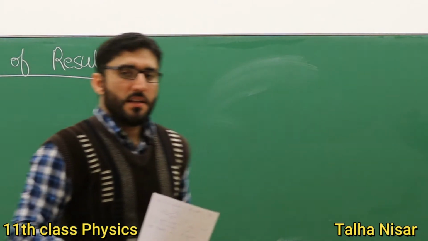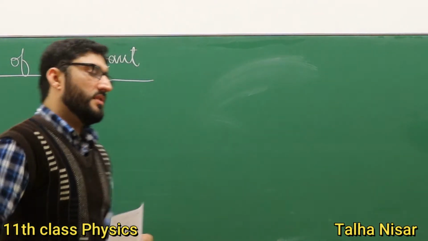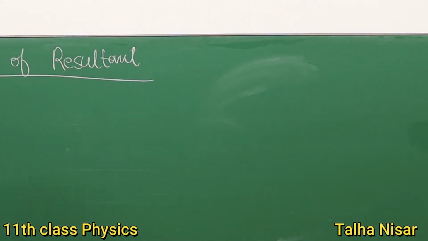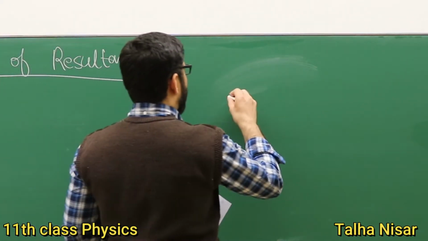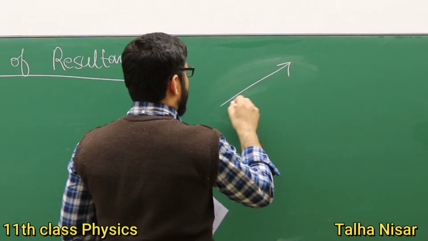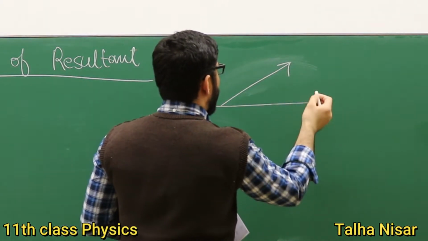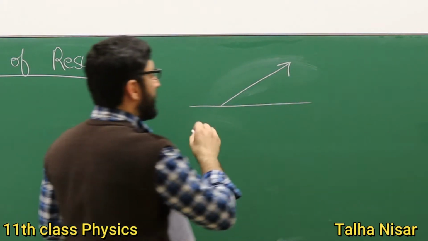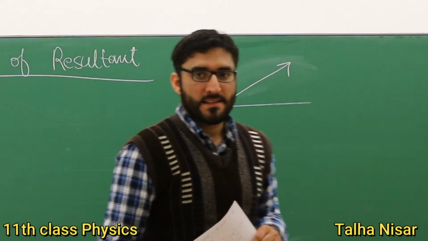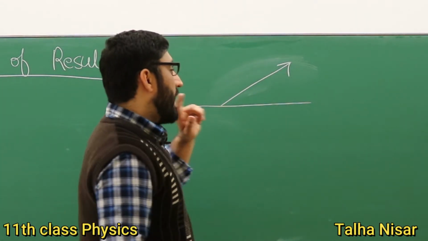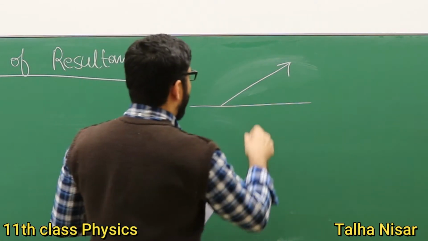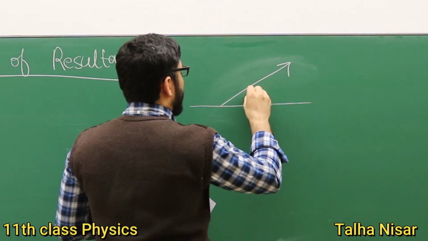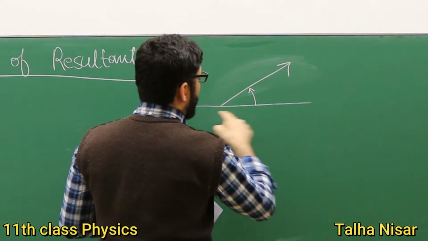So in the previous lectures we talked about how we can determine the direction by the angle, how far it is from, for example, we have a vector, so this is the angle it's making with the positive x-axis. So that's important. The angle is always taken with the positive x-axis, right? How far this vector is from the positive x-axis.